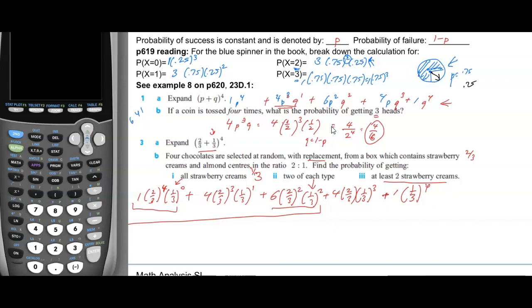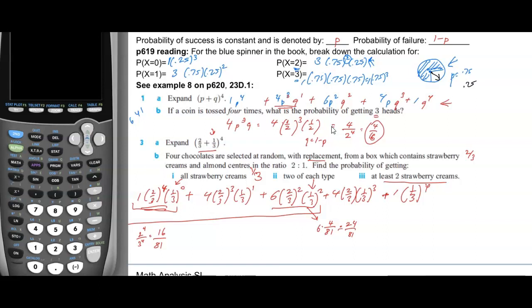Okay, so for the first one, it would be 2 to the 4th over 3 to the 4th. Right? That would be 16 divided by 81. And this one would be 6 times 4 on top, 81 on bottom. So that would be 24 over 81. So that would be the answer for part 2.